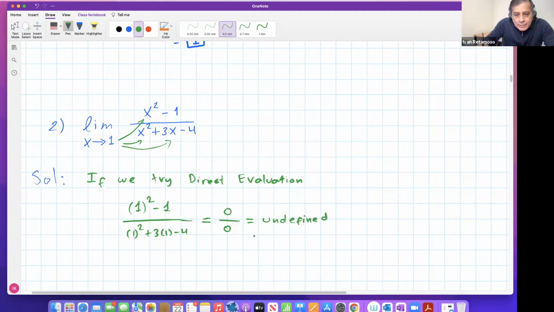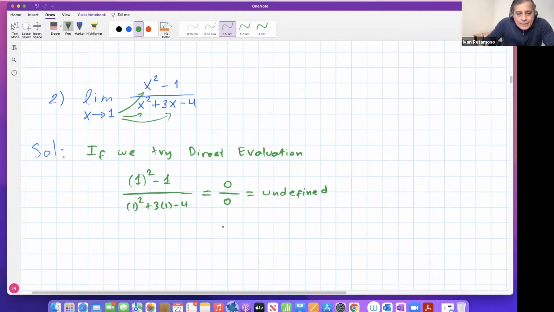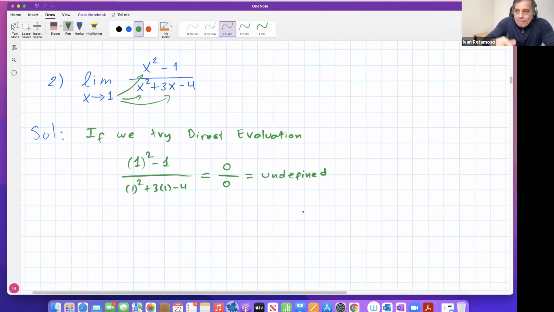Don't get discouraged by this. Instead, think of L'Hopital's rule, right? L'Hopital's rule is good for this undefined form. So let's just do this again using L'Hopital's rule.